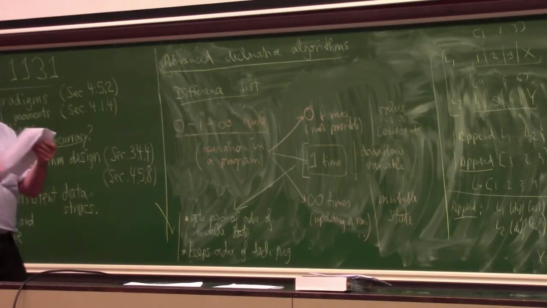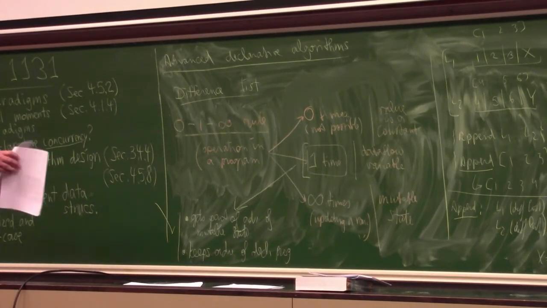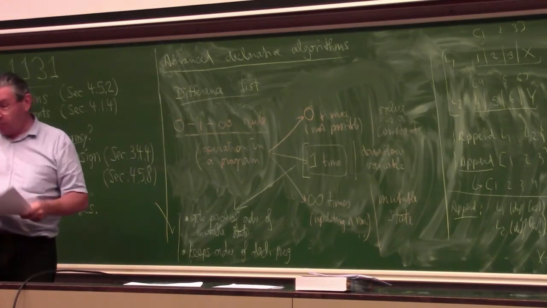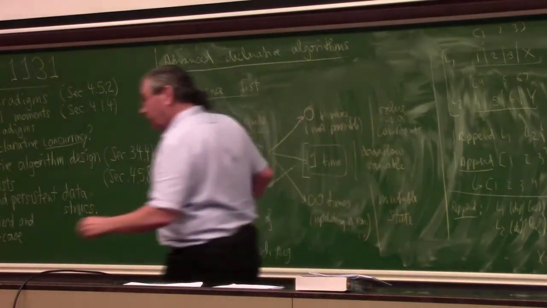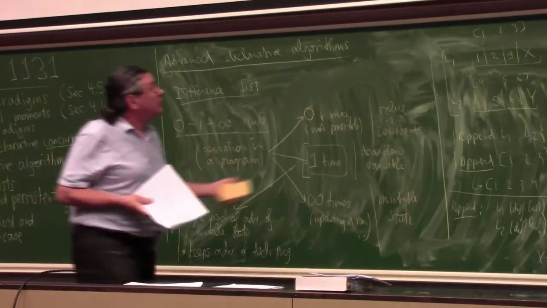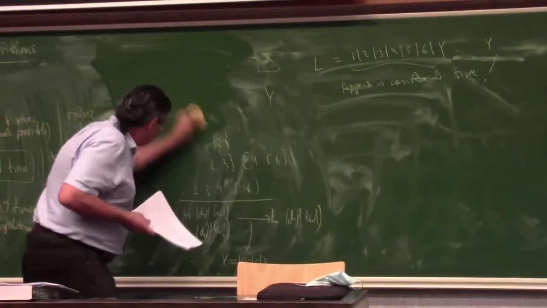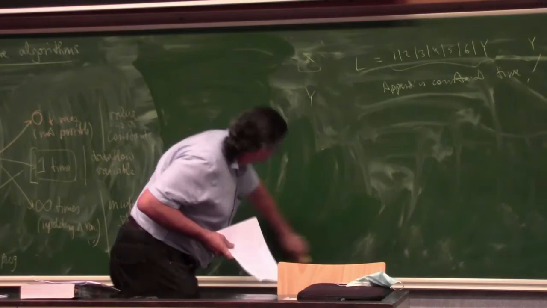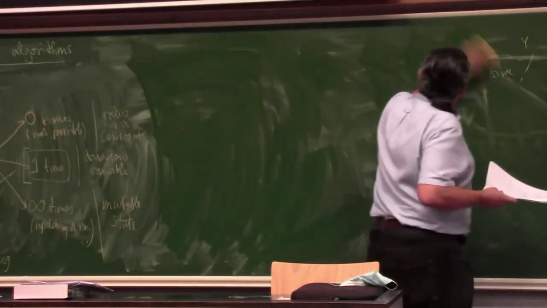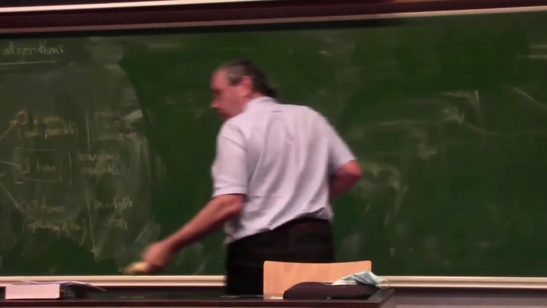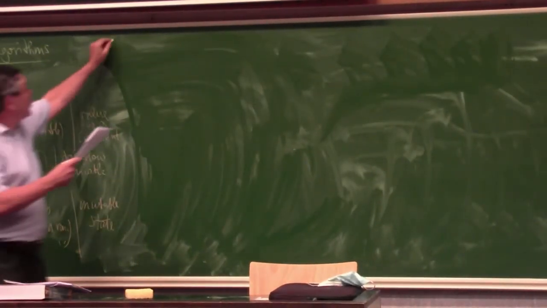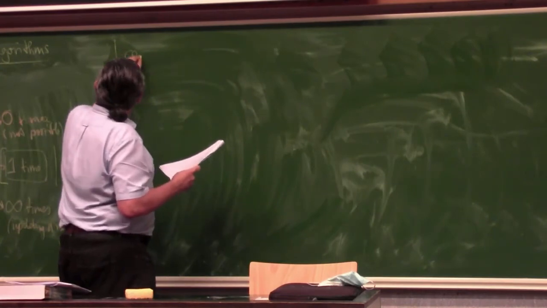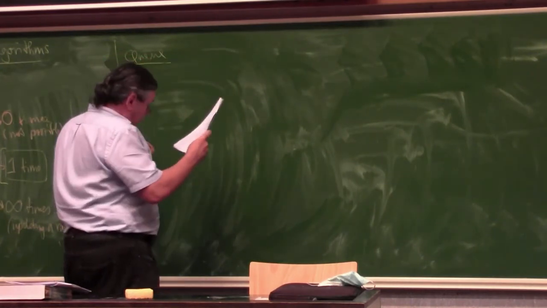Now let me show you another, more sophisticated example, using queues. Make some space here. Another example of algorithm design using queues. So what is a queue?